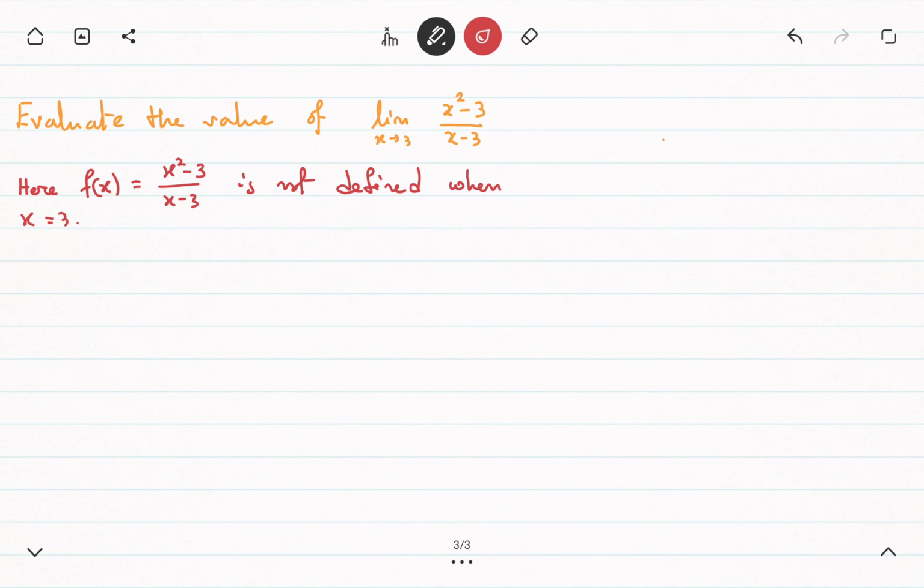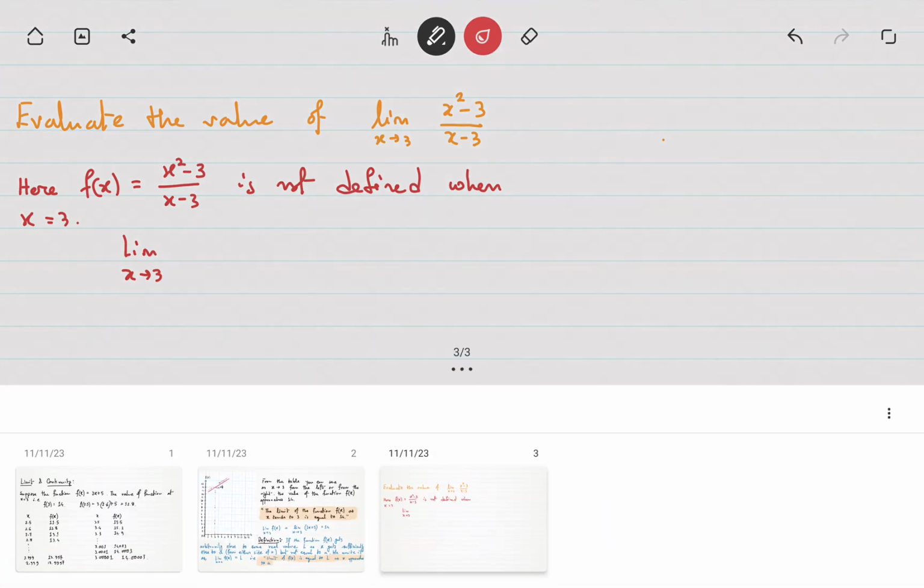So we make a guess about this limit as x approaches 3. As it is not defined when x equals 3, it doesn't matter, because we take values of x close to 3 but not equal to 3.